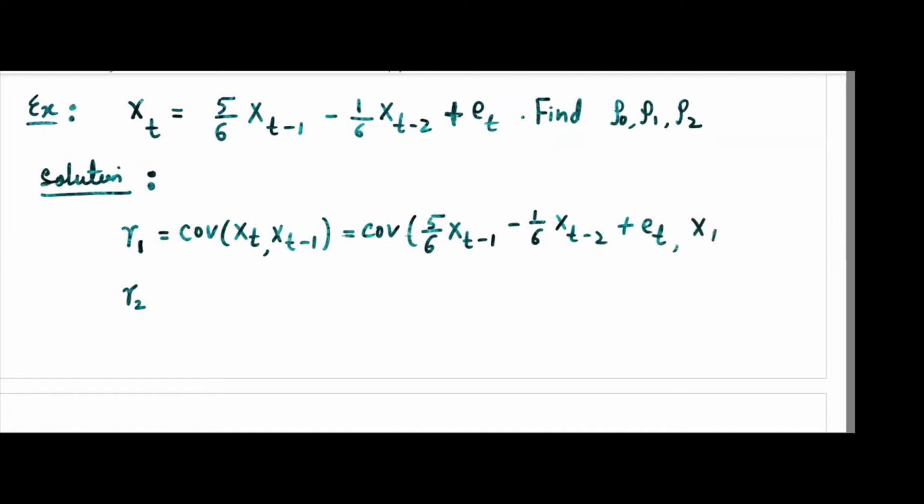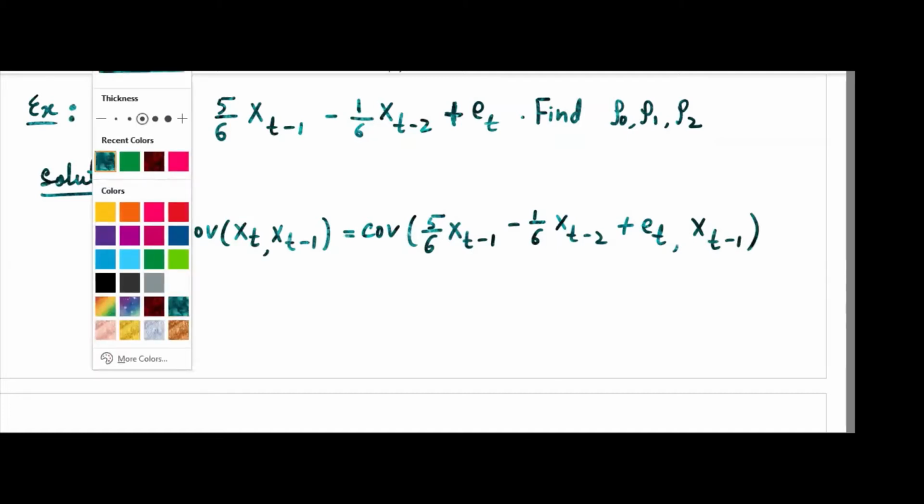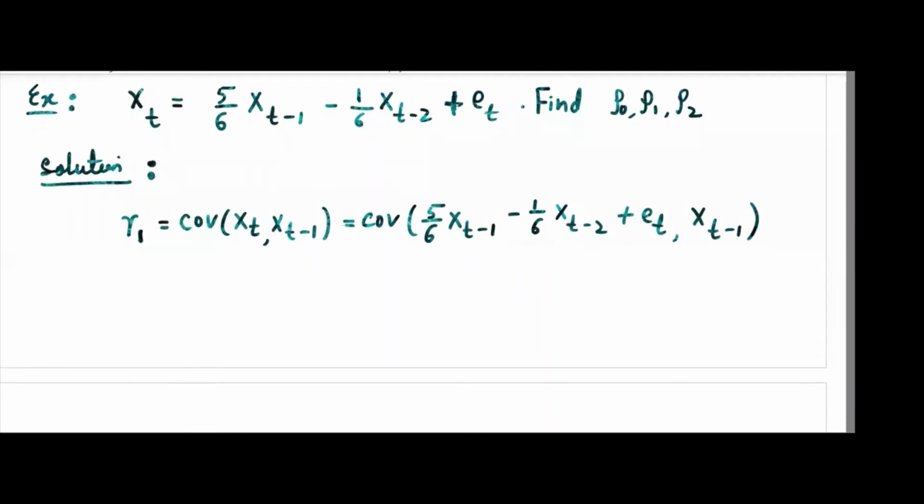Then X_{t-1}. If I write gamma 2, then also you have to write it this way. Let me write gamma 2 here: covariance of X_t, X_{t-2}.